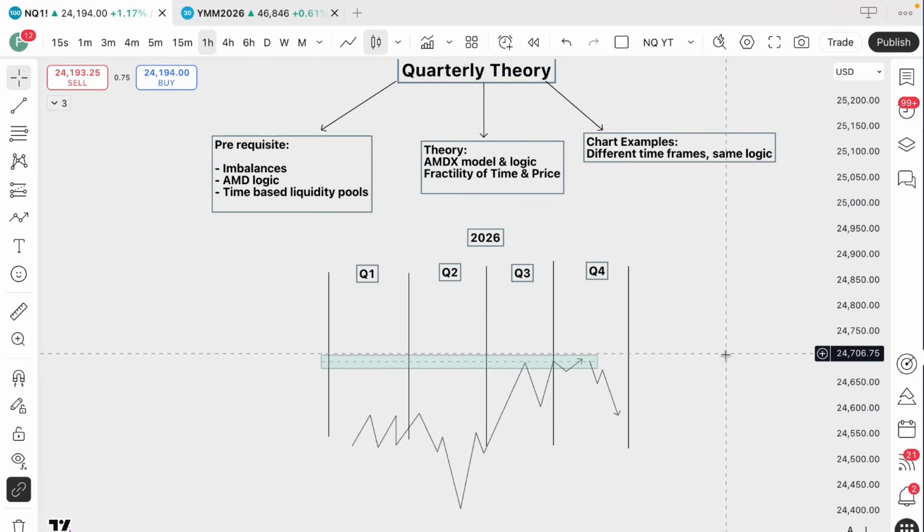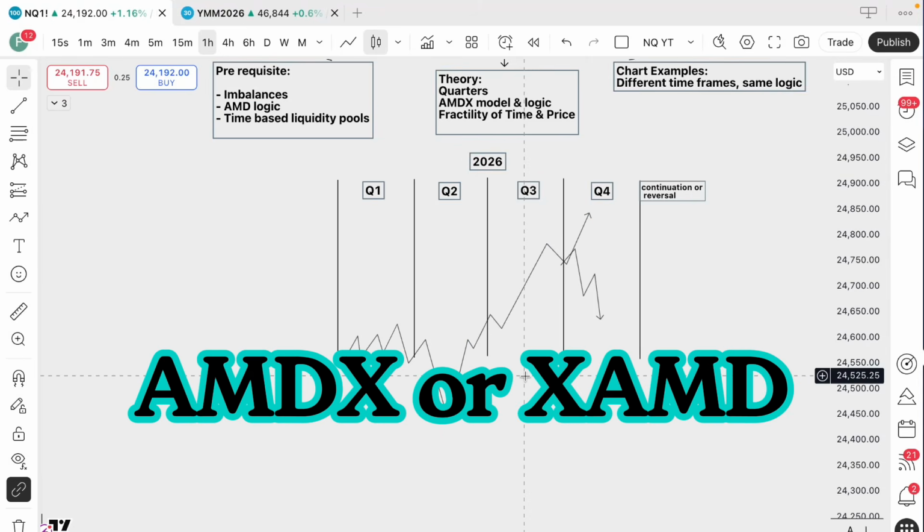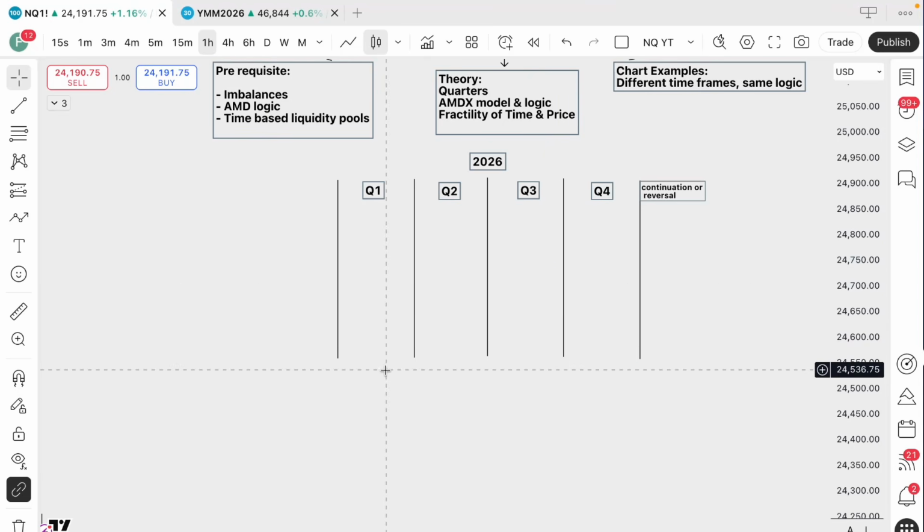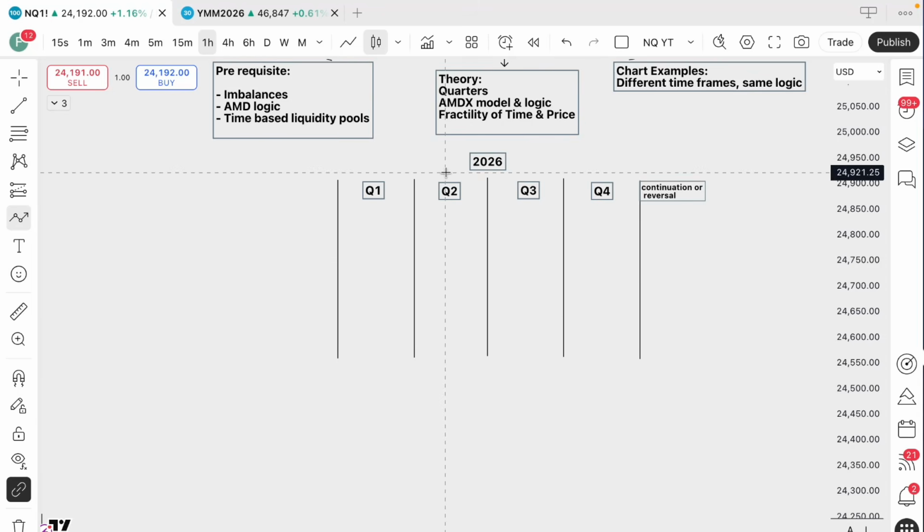All right, so now we are moving the X from the end to the beginning, because the model can be AMDX or XAMD, which means that your Q1 will be the continuation or the reversal of the previous cycle. So in this case of 2025, precisely Q4 of 2025, right?